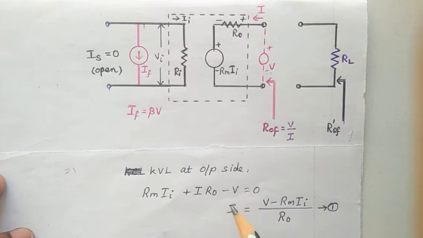So I need I here, so I keep I on the left and move the remaining portions to the right side. That will be equation 1.